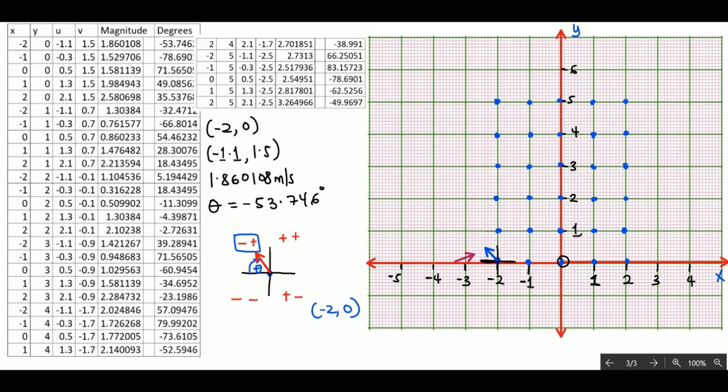That means any value less than 1.86 should have an arrow shorter than this one, and any value more than 1.86 should have an arrow longer than this one. So you just have to use that assumption to plot your values. Okay, so let's look at the next one.